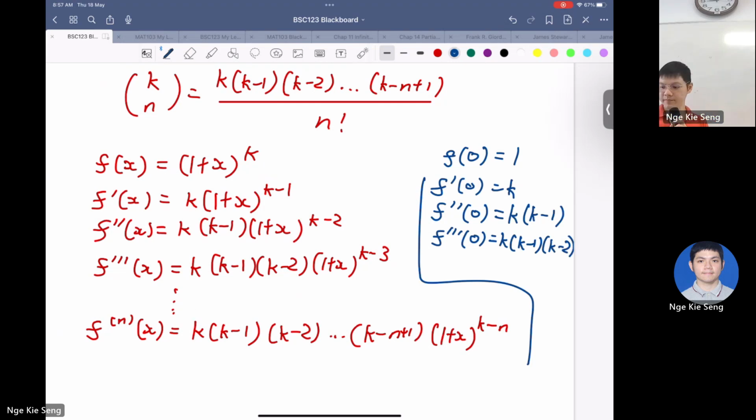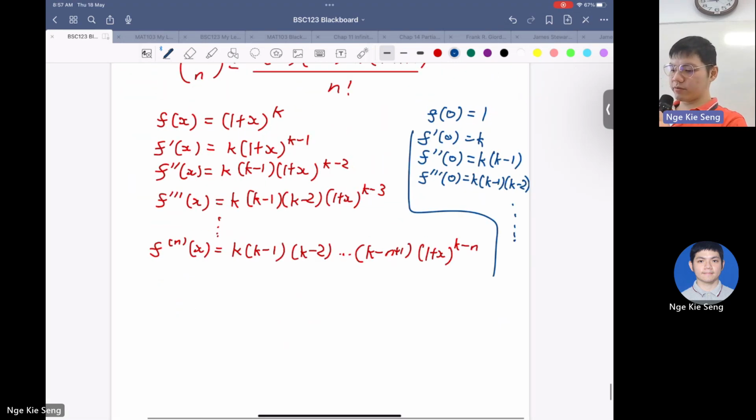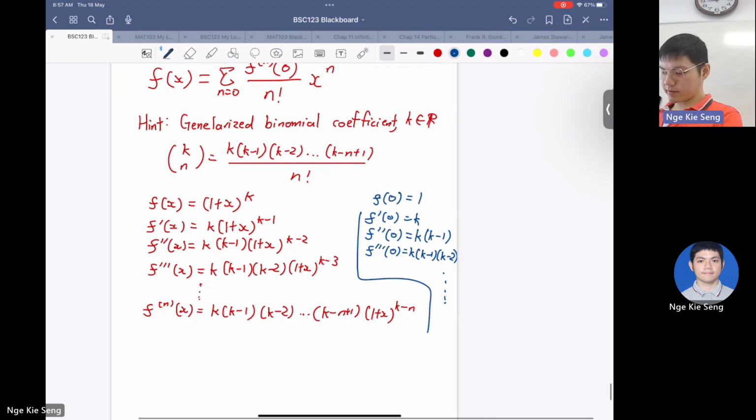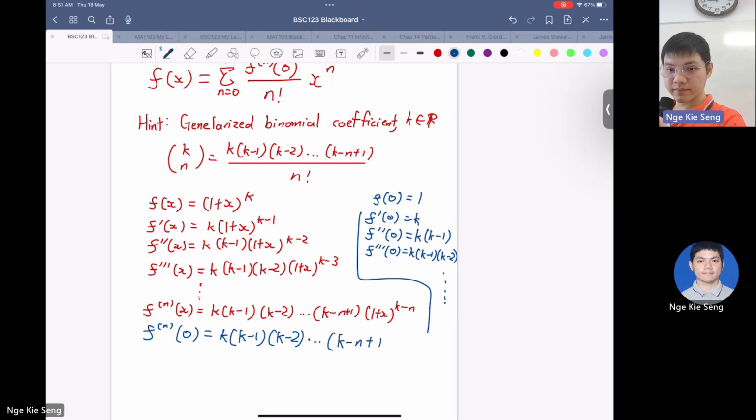So you need to plug this into your formula. So what is the f^(n)(0) term? It's just k times (k minus 1), (k minus 2), dot dot dot, (k minus n plus 1).